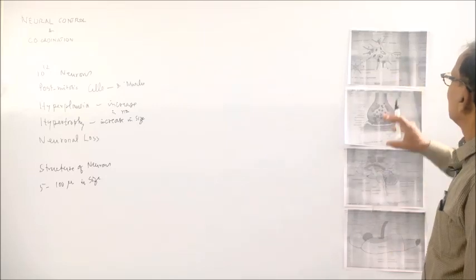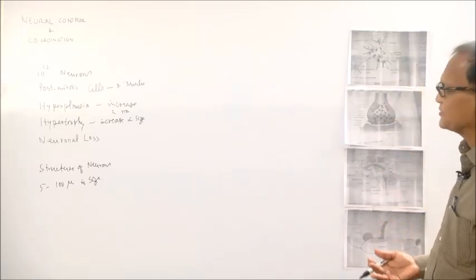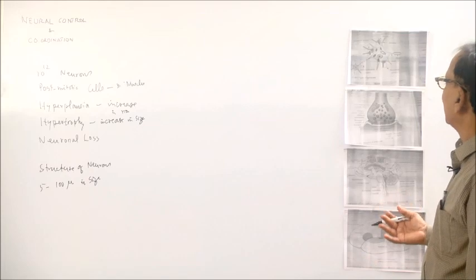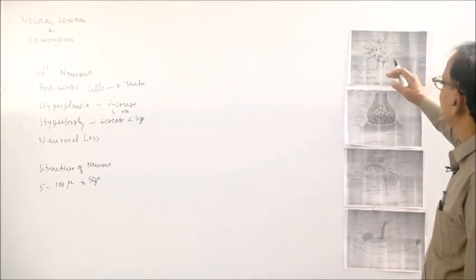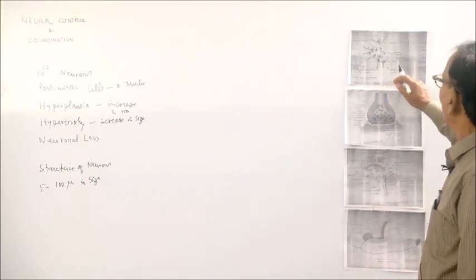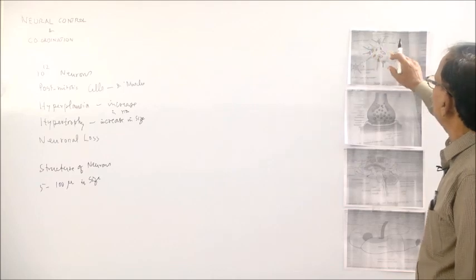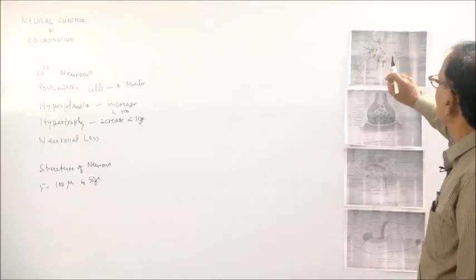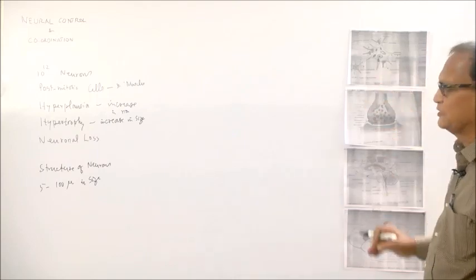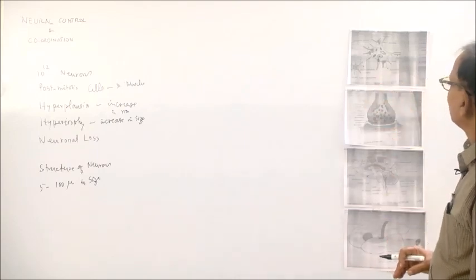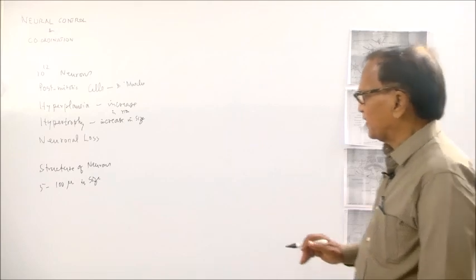So these intracellular organelles that are ordinarily present in any cell are also present here. And another distinguishing feature is the presence in the neurons of several fibers. In fact, there are two types of fibers.